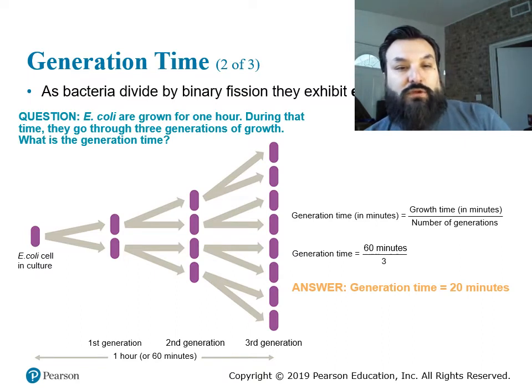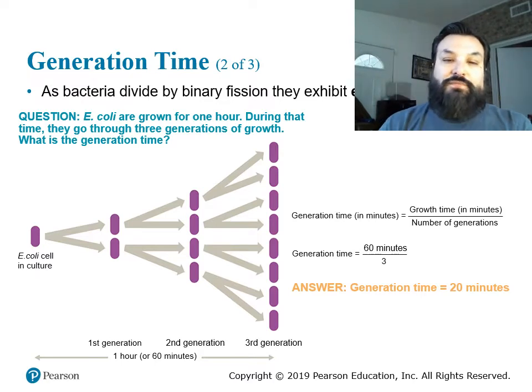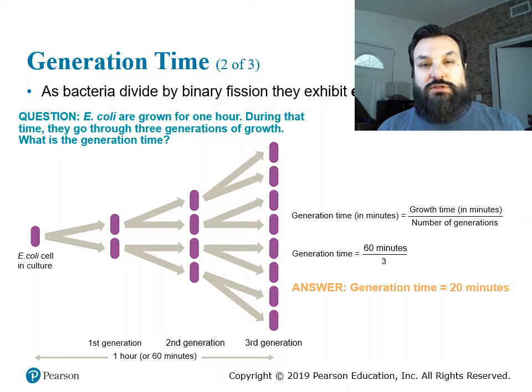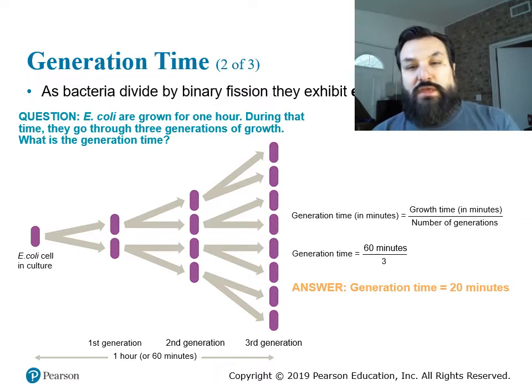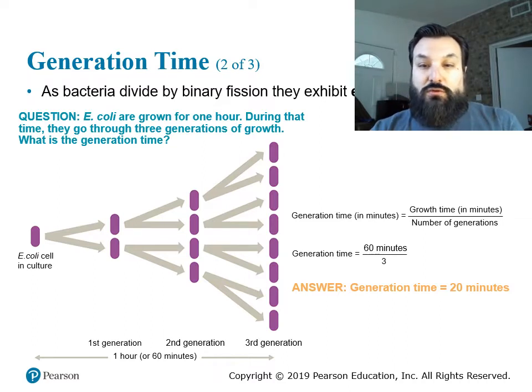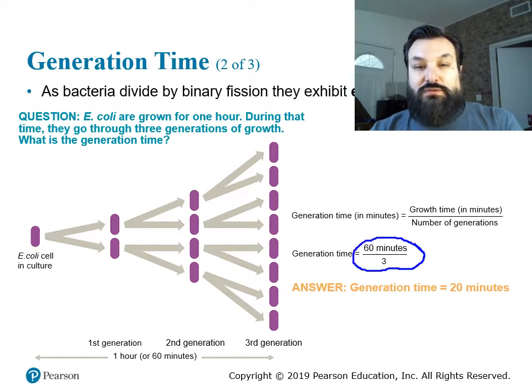If looking at 1 goes into 8 in 60 minutes, and there's 3 generations, what's the generation time? So they figured that out for you. So if you take 60 minutes, how many minutes in 1 hour, and divide that by 3, because they generated 3 times in 60 minutes, the answer becomes 20 minutes. That E. coli, in fact, will have a generation time of 20 minutes.